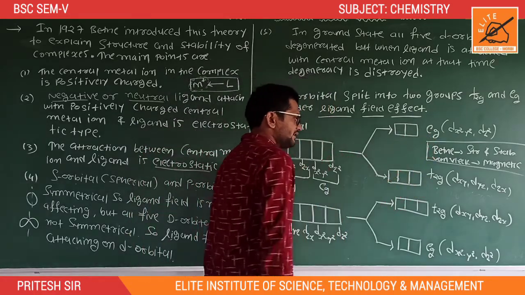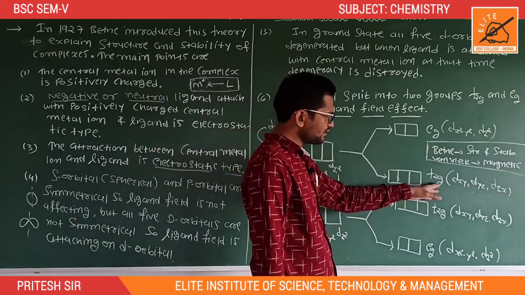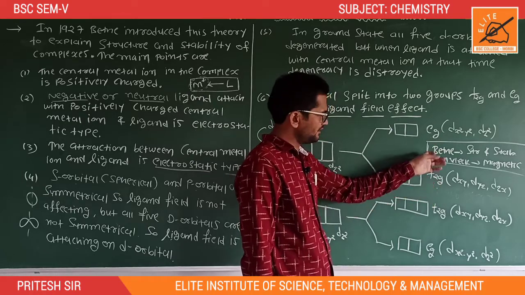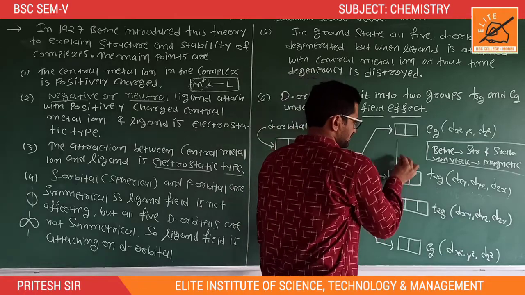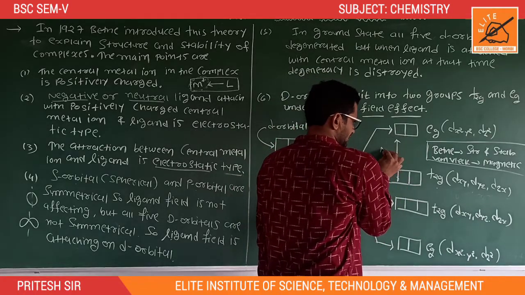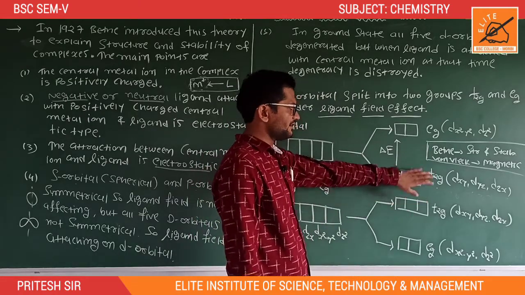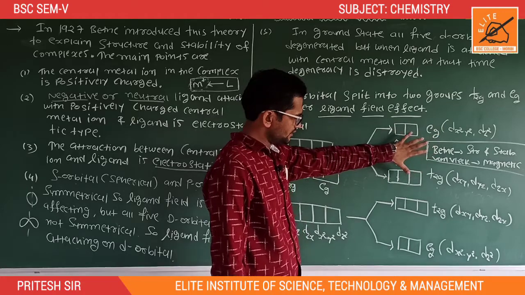Here in this case the energy of eg is higher than t2g. T2g is ground state and eg is in excited state. So this is the energy difference, delta E. T2g is the lower side and eg is the upper side.